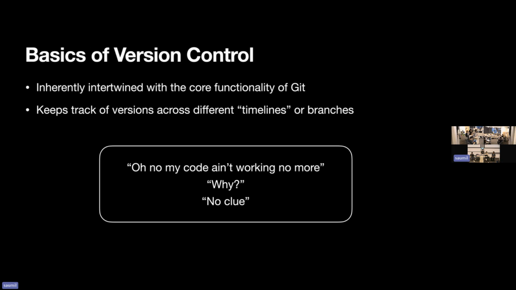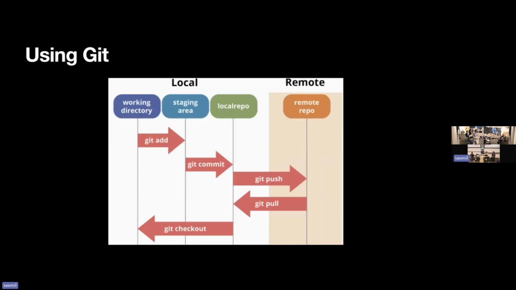Like Samuel mentioned earlier, it takes snapshots of your code at different times. Even something like Google Docs has some version control functionality built in, but we'll explore how that differs from GitHub later on.